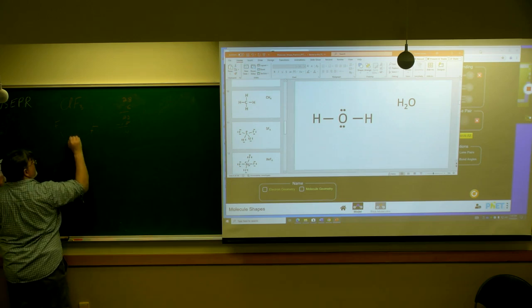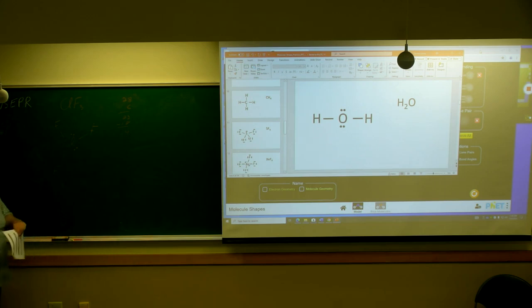Okay, finally, one of the weird ones. How many electron domains? 5. What's the overall shape? T-shape. Yep, not seesaw, T-shape. That one's T-shape. The electron geometry is trigonal bipyramidal.